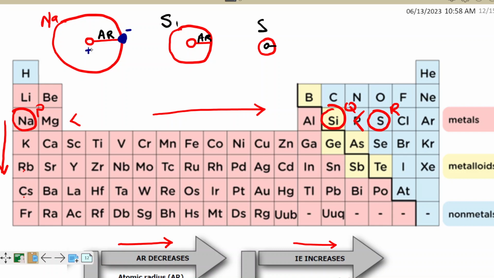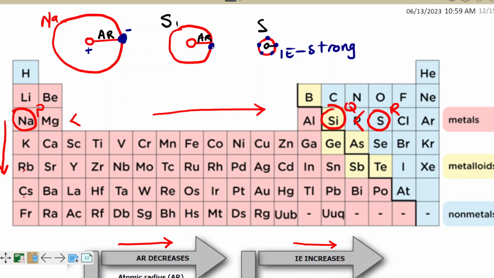Remember, in the nucleus we have positive protons, and here you have negative electrons. The force of attraction will be very weak because this electron is far from the nucleus. But for sulfur, the valence electrons are very close to the nucleus. That's why the ionization energy is very strong here, because the electrons are much closer to the nucleus.